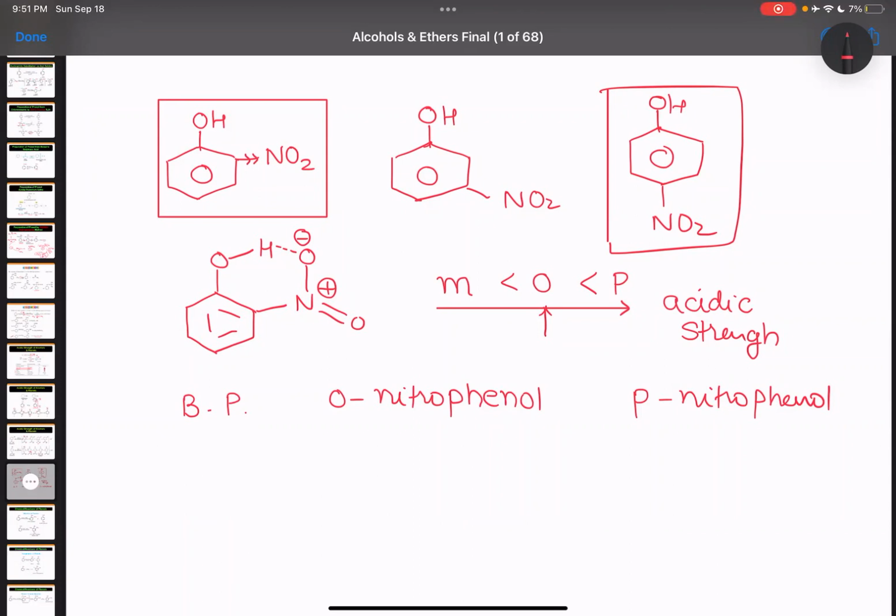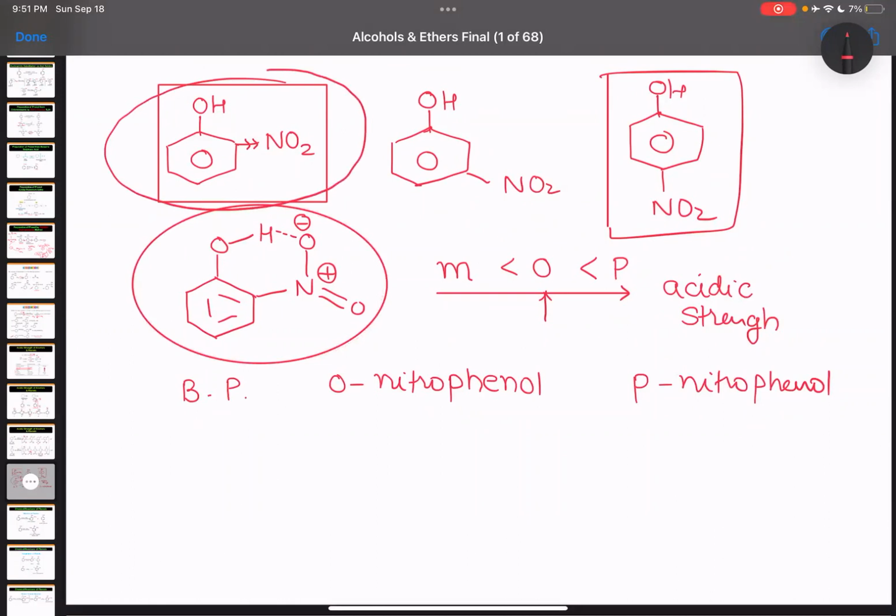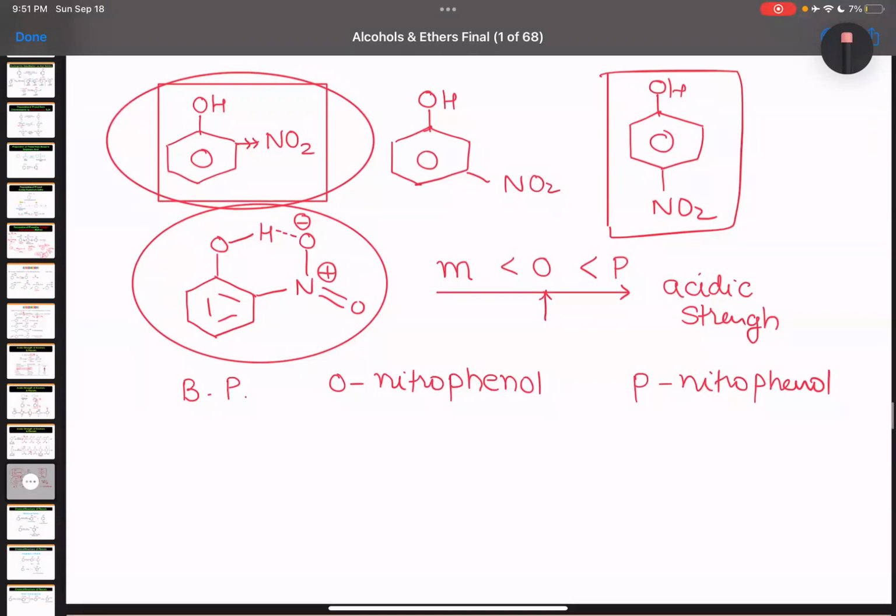Actually, what happens is the orthonitrophenol molecules don't interact with one another. They are cocooned within themselves only because they are forming intramolecular hydrogen bonding. Is it clear? Intra means within the molecule. Yes, sir. So they are not connected to their neighbors.